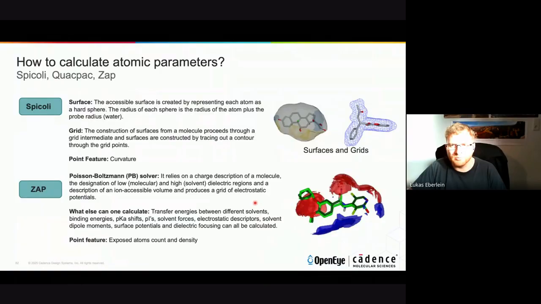The other toolkits are Spicoli, which is used to generate the surfaces and construct grids, and ZAP, which is used for most of the electrostatics work. It's a Poisson-Boltzmann solver that can calculate a variety of descriptors, including solvation and transfer energies, and is here mainly used to identify solvent-exposed atoms and calculate their density.